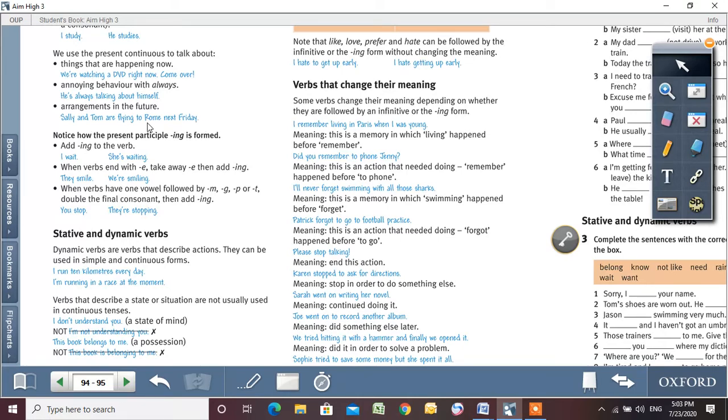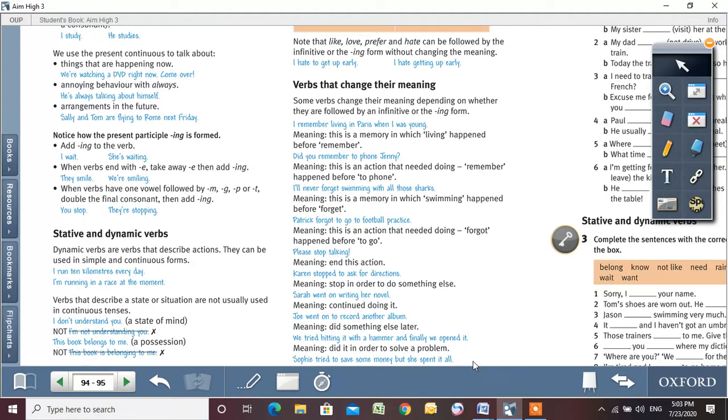If they are flying to Rome, it means that they need a lot of plans or arrangements to do. They have to book the tickets, they have to tell their friends and their family, they have to prepare their clothes and so on. So that's why we can use the present continuous tense to talk about plans and arrangements in the future.